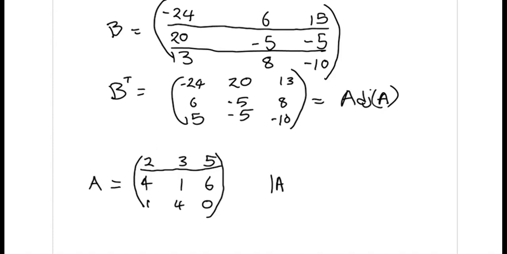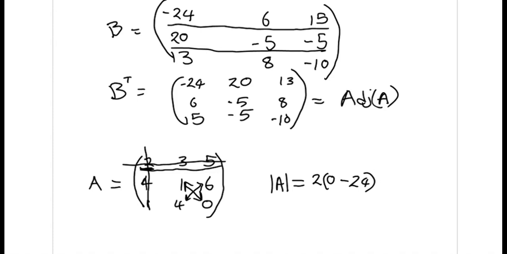Determinant of A is equal to, beginning with 2, I'm going to delete the column and the row, so I'm left with 2 times 1 times 0, or let me just use a bracket, to also save time. 1 times 0, that's 0 minus 6 times 4, that's 24.